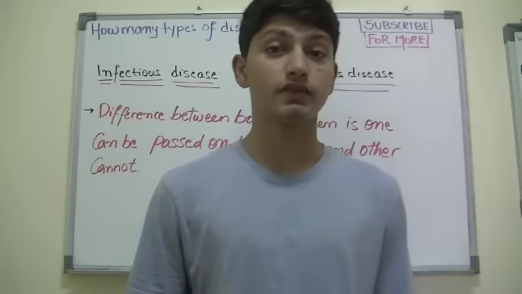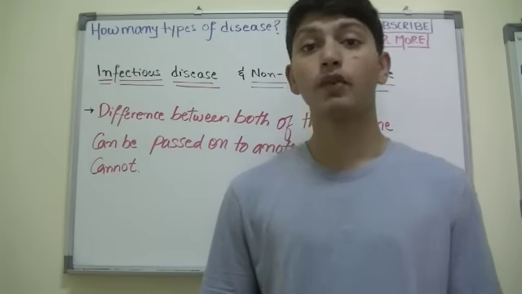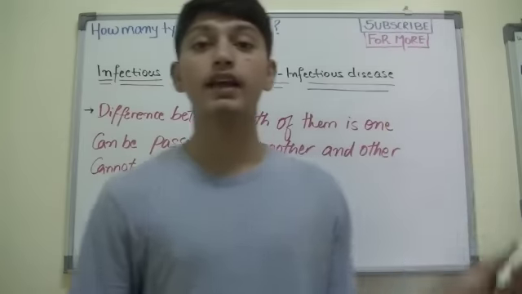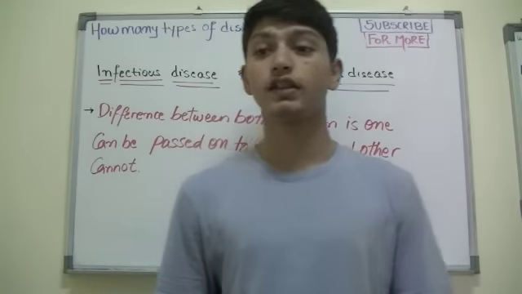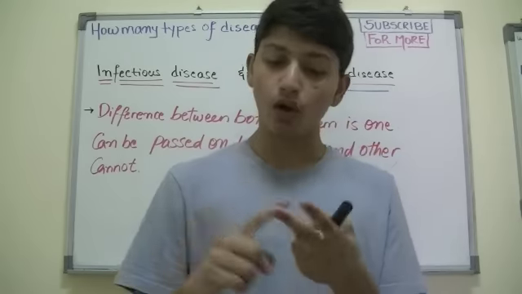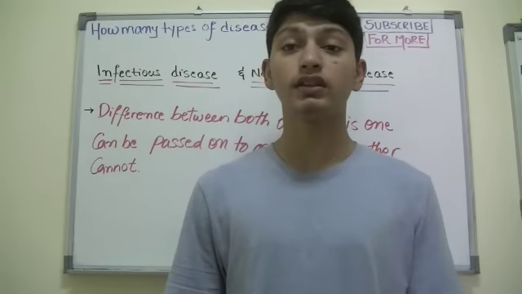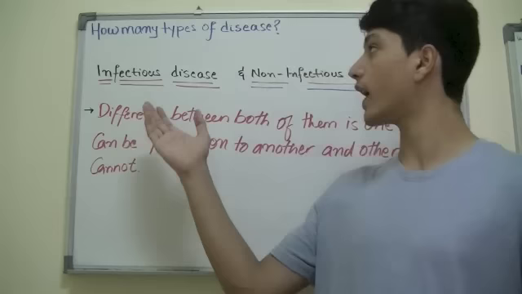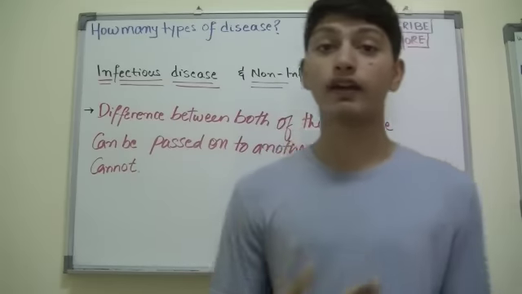So how many types of diseases are actually there? Well, the first type of disease is known as infectious disease, and the second type is non-infectious disease. Now you may have wondered about polio, flu, and all these different kinds of diseases you would list. Well, these diseases can be categorized as infectious and non-infectious.